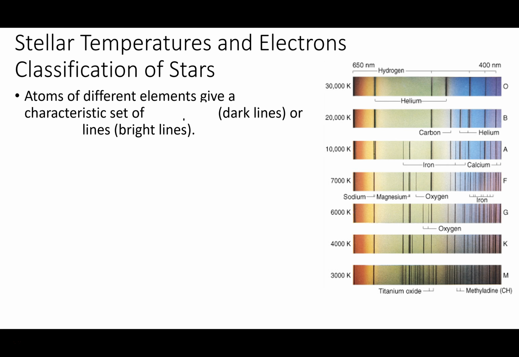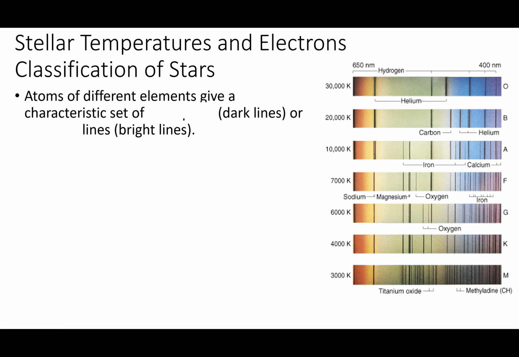So one other thing, and this is something we'll talk a little bit about in the chemistry unit. I said these are all standalone units, but I guess they aren't entirely. What you're looking at here, the O, B, A, F, G, K, M, these are all different types of stars, and it's not like DNA, but it's kind of like DNA.